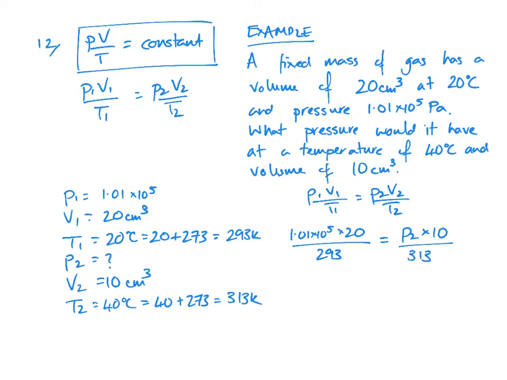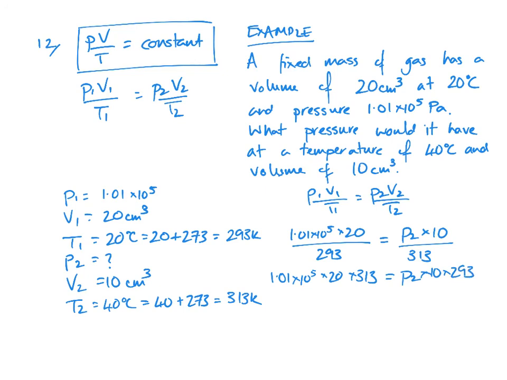How you deal with arithmetic is up to you. Probably if you're not so sure, we'll just start by cross multiplying. So 1.01 times 10 to the 5 times 20 times 313 equals P2 times 10 times 293.